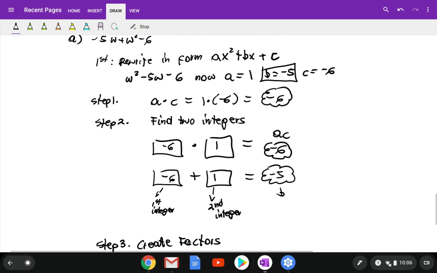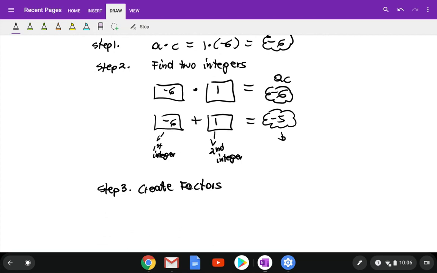Since originally we have w squared, we're going to have w plus the first integer, times w plus the second integer.